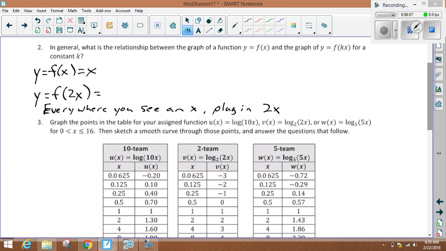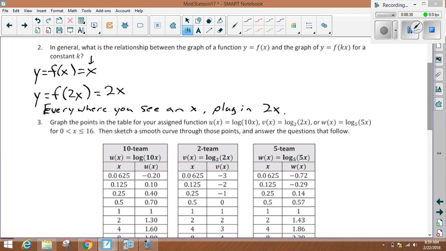If I plug 2x in here, I wind up with just 2x, right? So we're looking at the function y equals 2x.